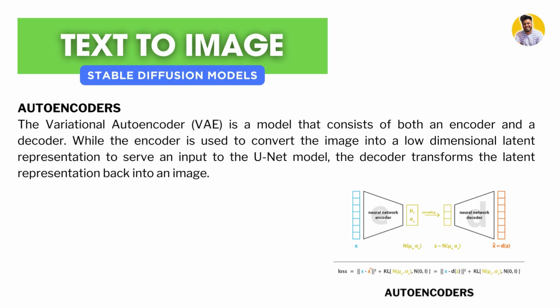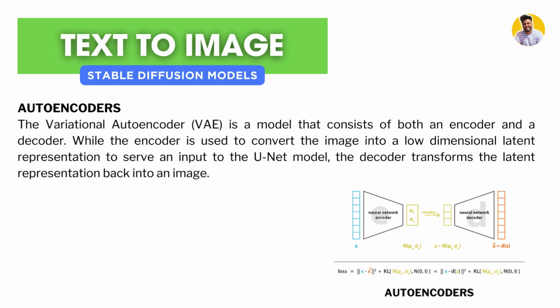The encoder is used to convert the image into a low dimensional latent representation that serves as an input to the UNet model, and then the decoder transforms the latent representation back into the image after the UNet transformations.